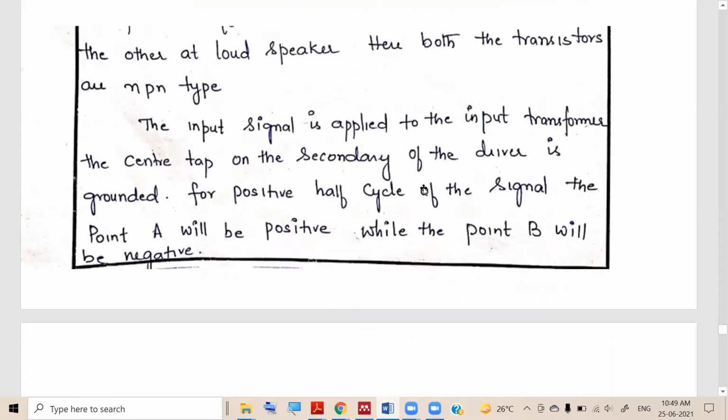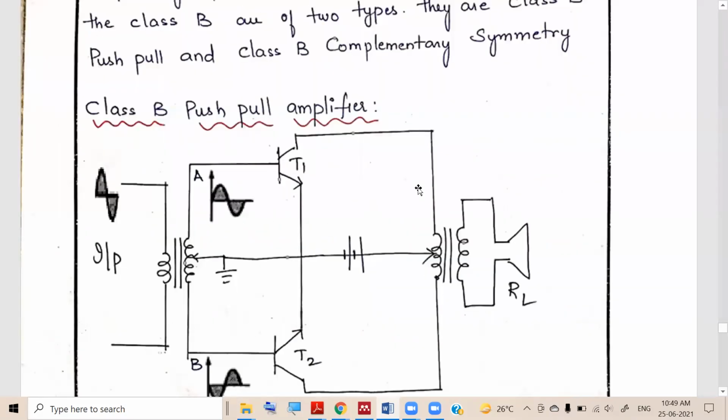Then AC load line, what do we have for AC load line? We are having a slope, right? What is the slope? -1 by RL dash, because the resistance is reflected, right? See, okay, let us draw some analogy here.